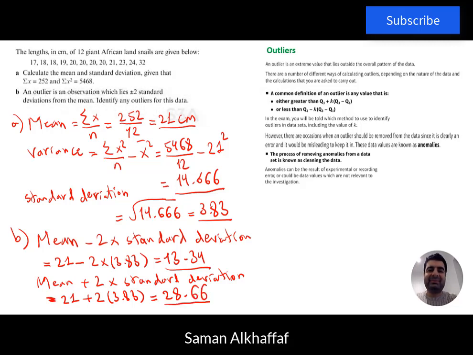So in this scenario, we can see that the value of 32 centimeters is an outlier, as 13.34 is smaller than the value, and also 28.66 is smaller than the value of 32, and this will be our answer for this question.